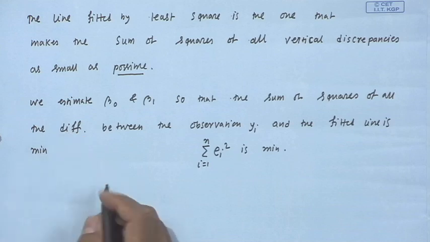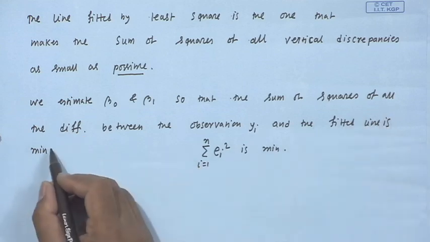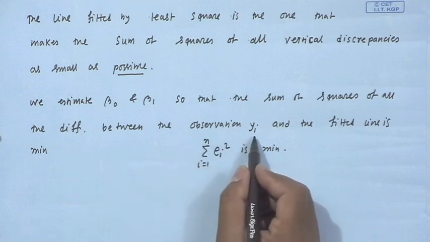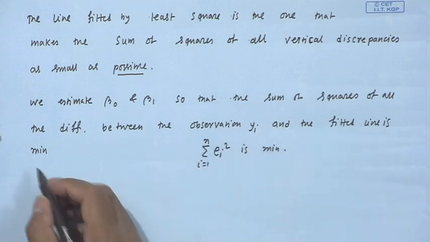You estimate beta naught and beta 1 so that the sum of square of all the differences between the observation y i and the fitted line is minimum.